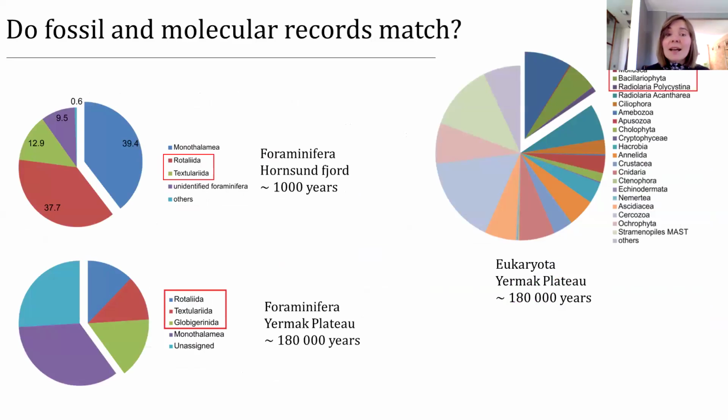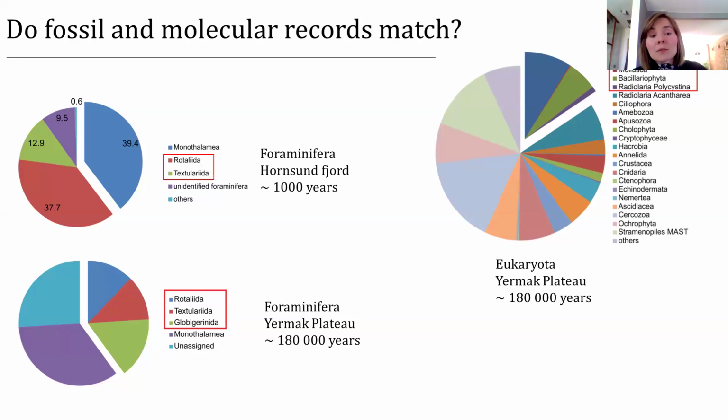And this is the undeniable advantage of using the sedimentary ancient DNA record in studying past biodiversity and past environmental changes, that we can detect organisms and groups that are never preserved in the fossil record and cannot be accessed any other way. In this graph, you can see the taxonomic composition of foraminifera and eukaryotic communities from 2 sediment cores from Svalbard. One is from the fjord, the other is from Yermak Plateau, an area north of the Svalbard archipelago.